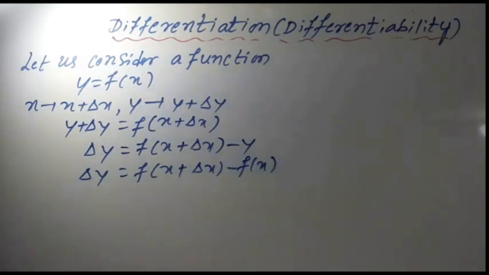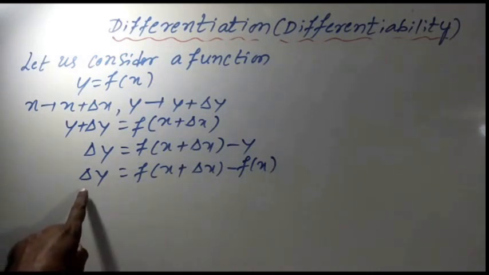We calculate delta y by delta x. Already we know that this is the incrementary or decrementary ratio. Here only delta y is there.